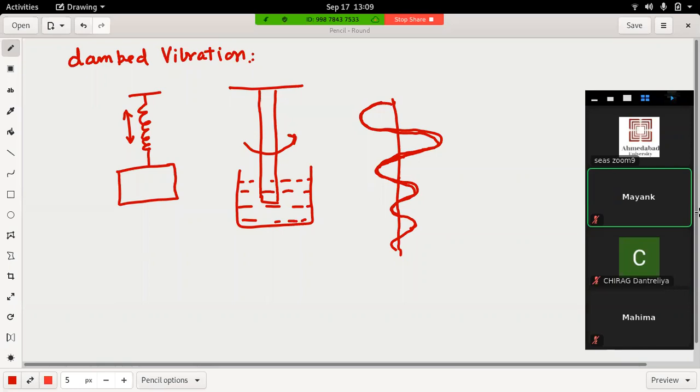In order to determine how this decay is happening, a logarithmic decrement function delta is generally used, which is defined as the log of the ratio of two amplitudes which are just close by. Let's say here it is x1 and here it is x2. So this is x1 by x2, just consecutive amplitudes. Then this delta is defined as the logarithmic decay.